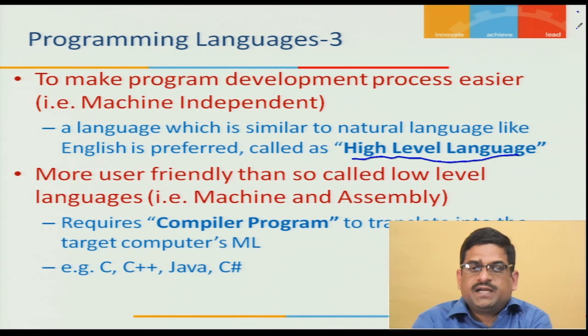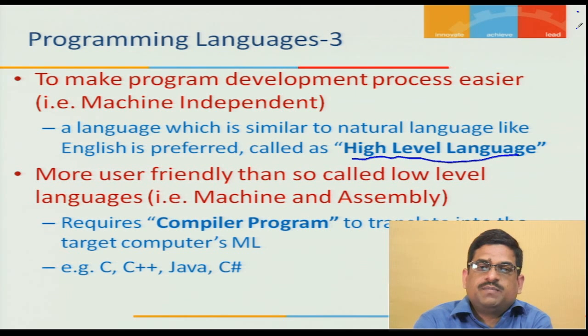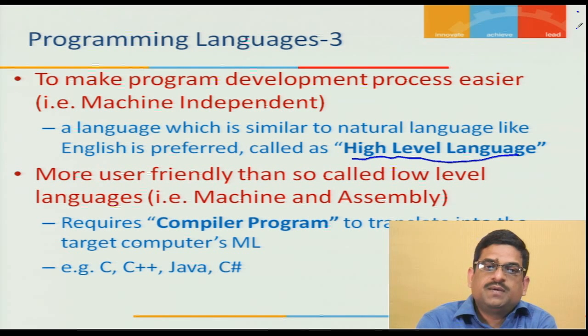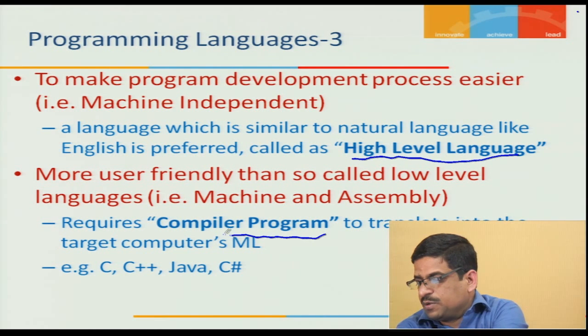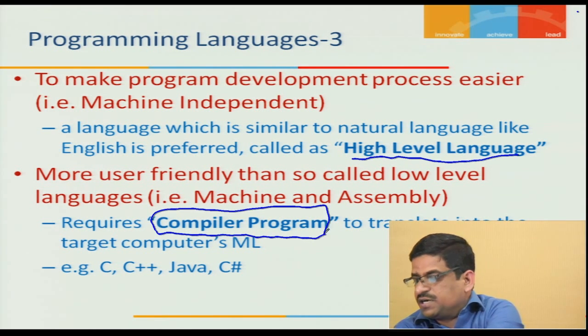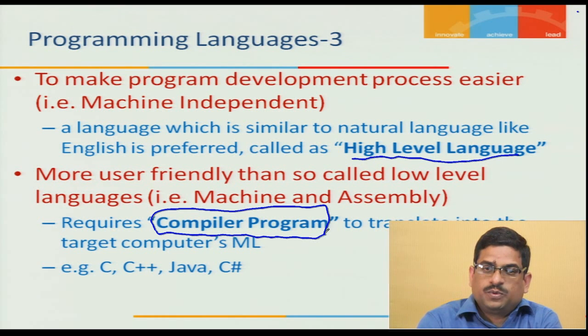It converts your high level language program into the corresponding machine language program, and the name of that program is a compiler. So the compiler translates your high level language program into the corresponding machine language.